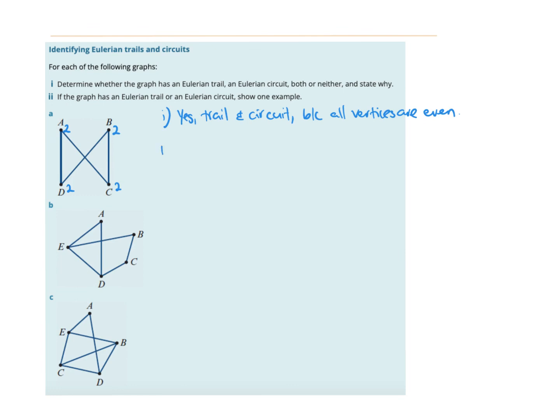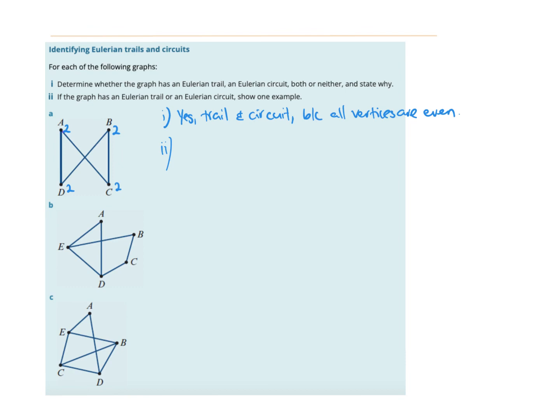Okay, and then part 2, it says to write one out. It doesn't matter, everyone could have a different circuit or trail, as long as you check it out. I've got to use every edge once.